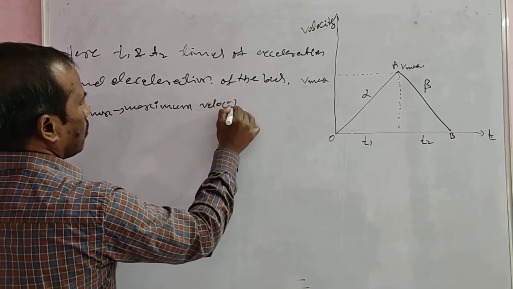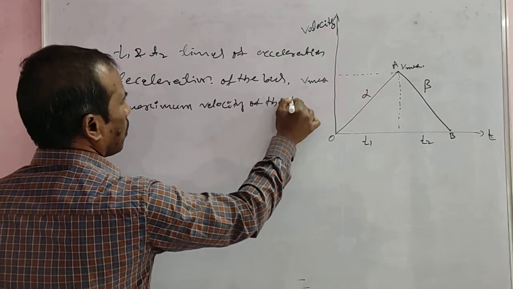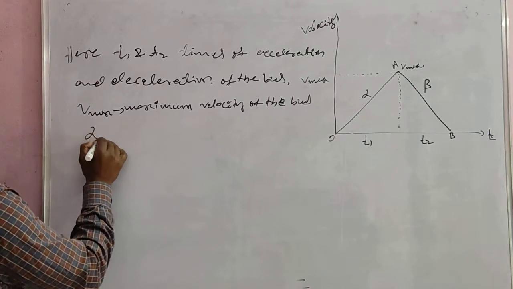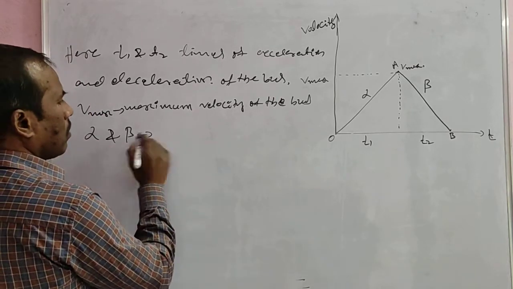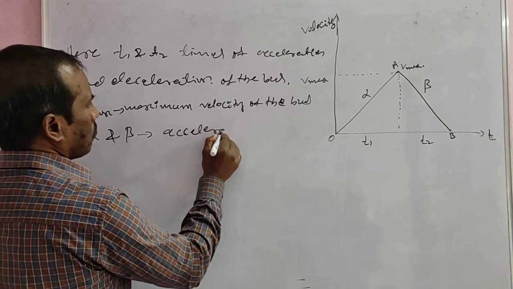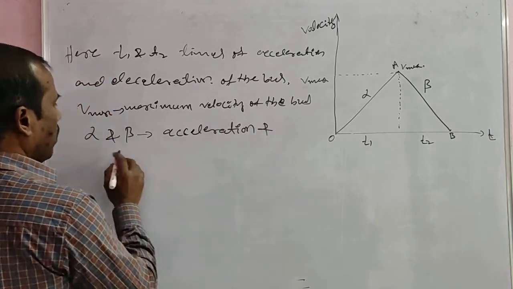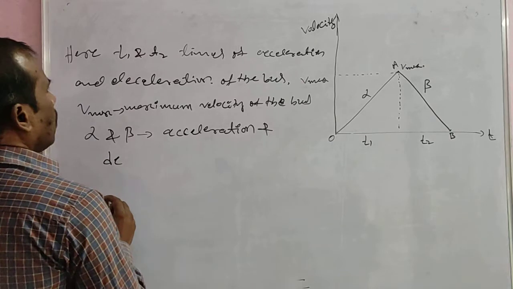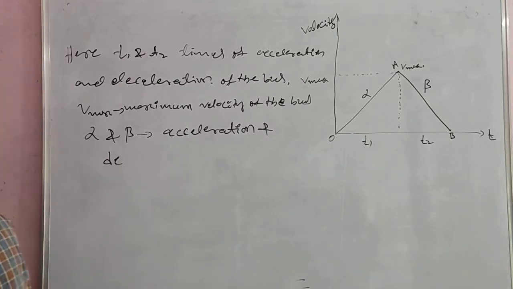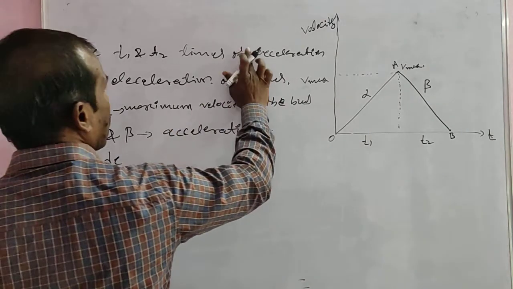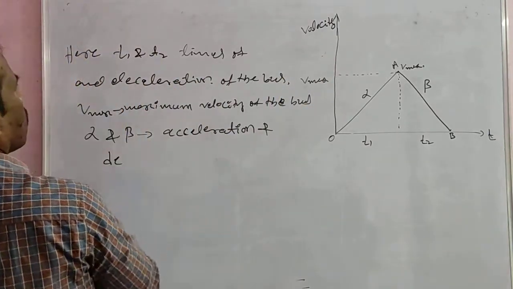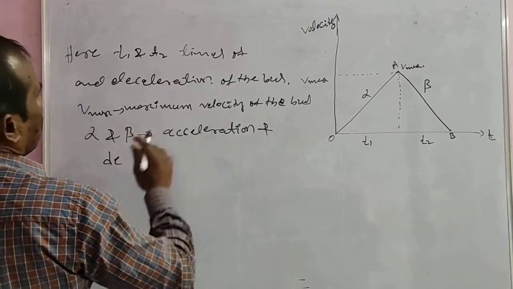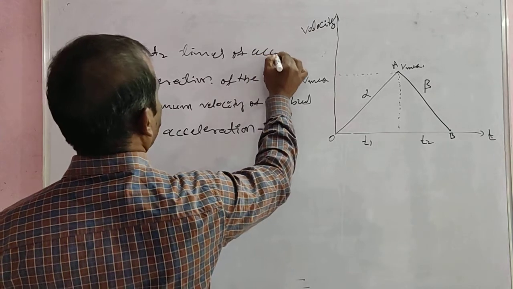Alpha and beta are the acceleration and deceleration. t1 and t2 are the times taken by the bus.